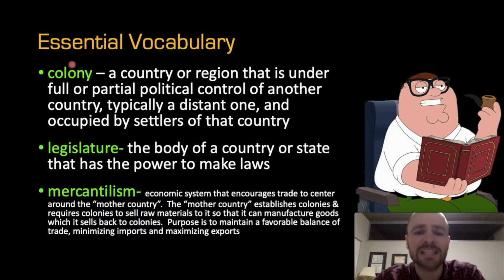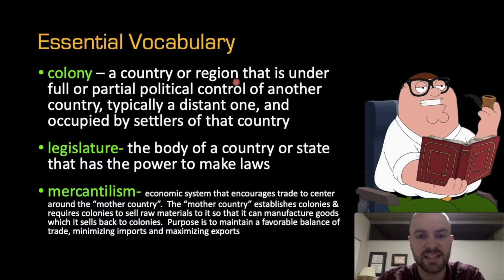So, some essential vocabulary for you in this lecture. The word colony: you should know what the word colony means. If we're talking about England or Great Britain, we'll talk about the difference between the two in class, colonizing parts of the eastern seaboard of the United States, you should probably understand what a colony is. A colony is a country or a region.